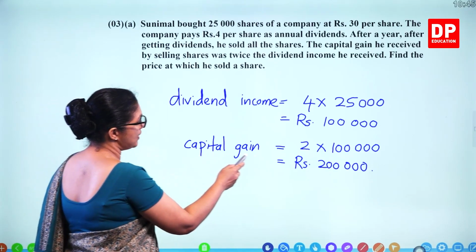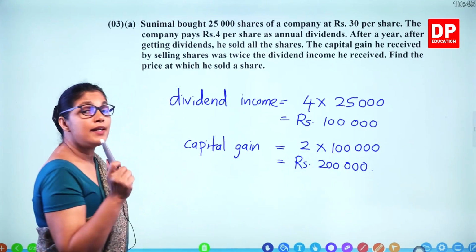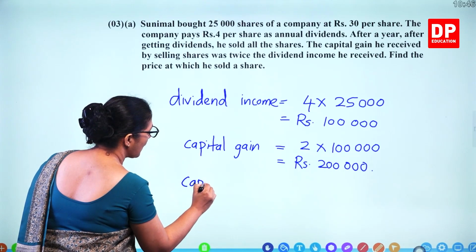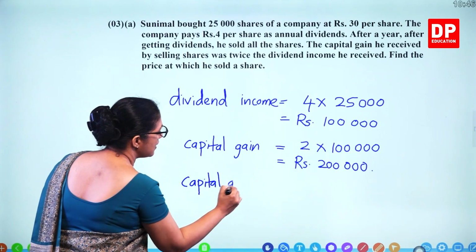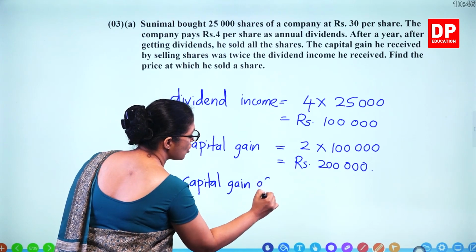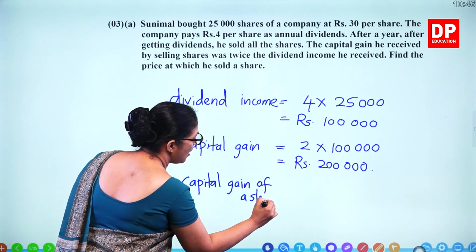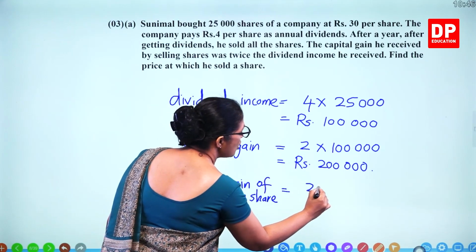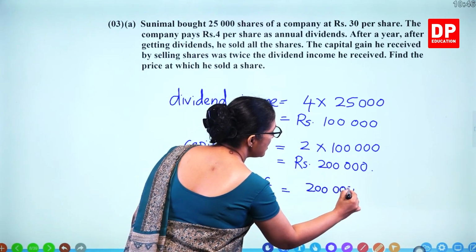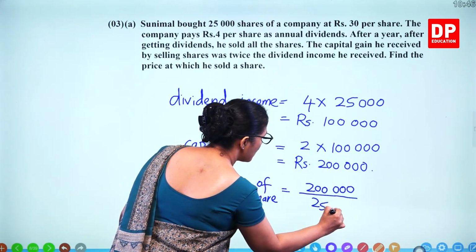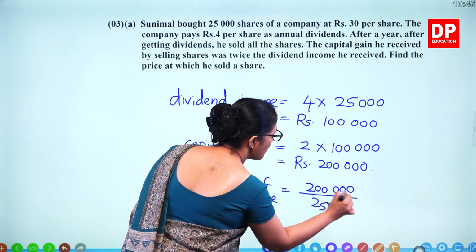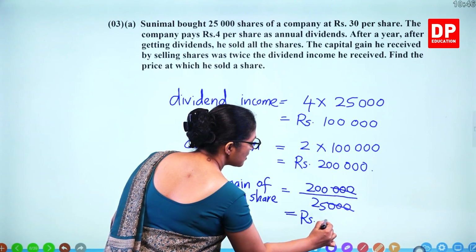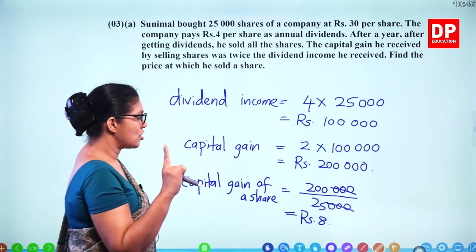Now we found capital gain and now we can find capital gain of a share. We can divide by number of shares. That's 25,000. 200,000 divided by 25,000. So 3 zeros get cancelled out. 8 rupees per share.